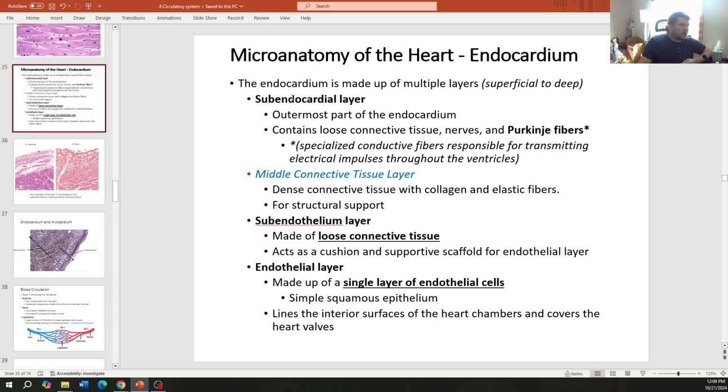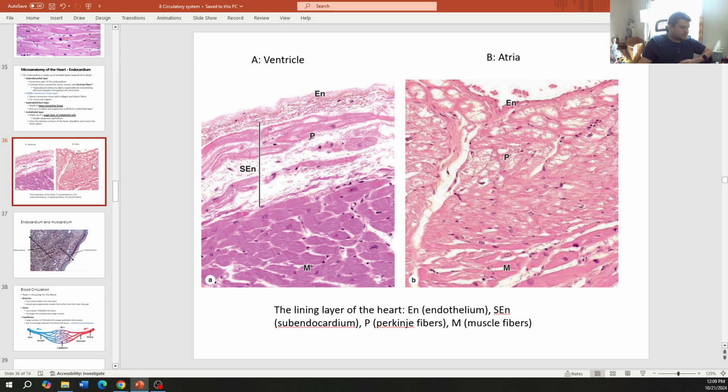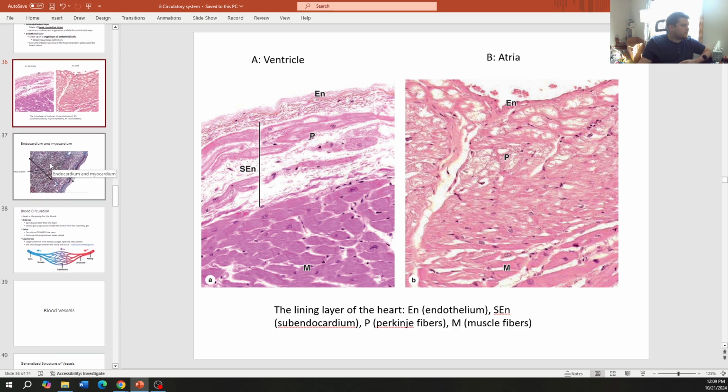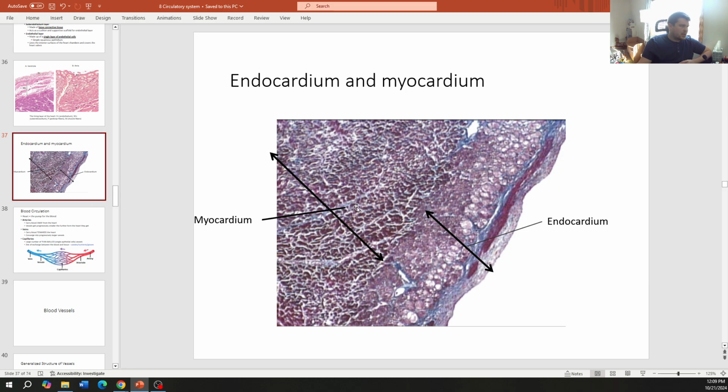We need the subendocardial, subendothelium, and endothelial layers. The subendothelial layer would be more like right in here. Again, we don't talk about it a ton. There's the myocardium and the endocardium. You can see all the different layers again.